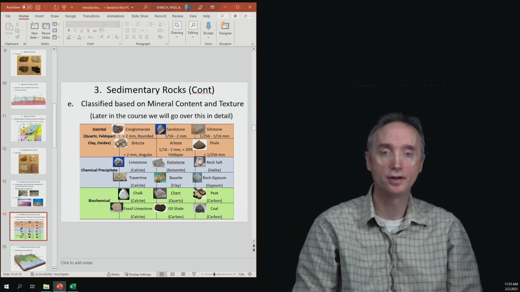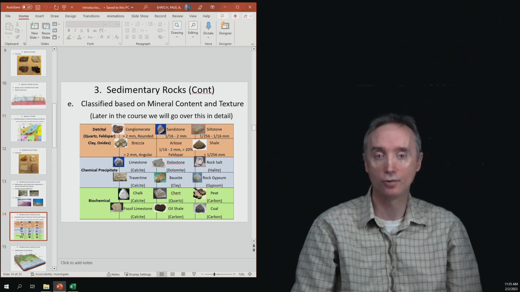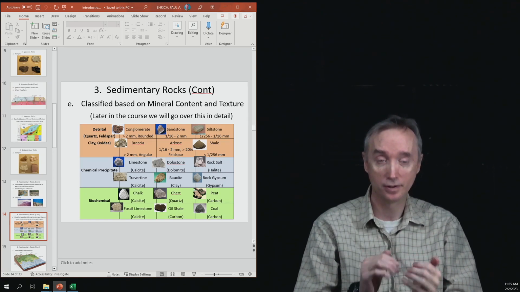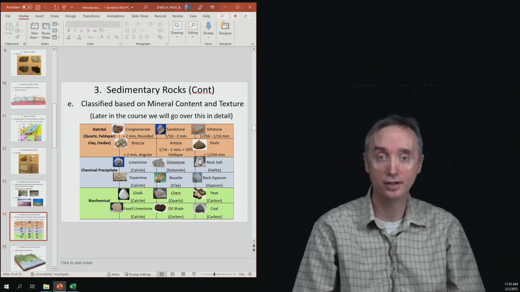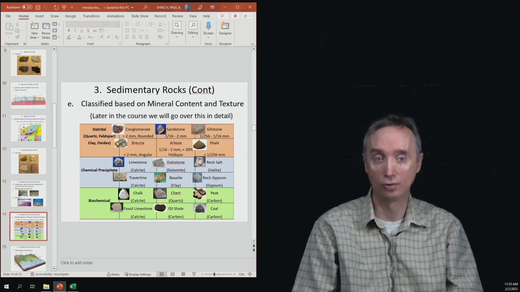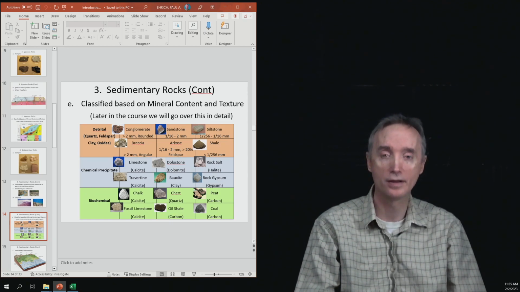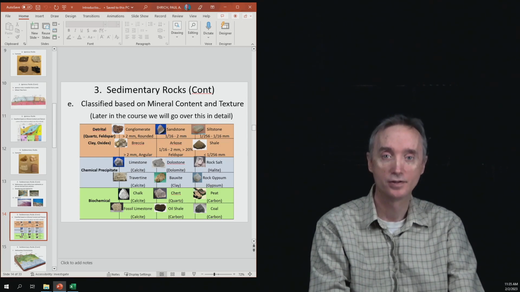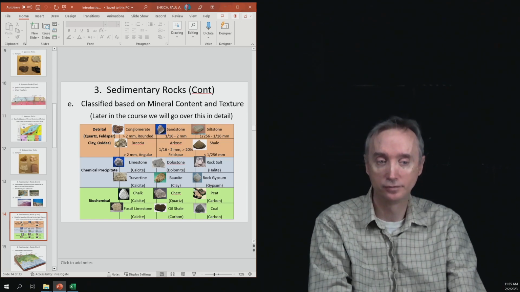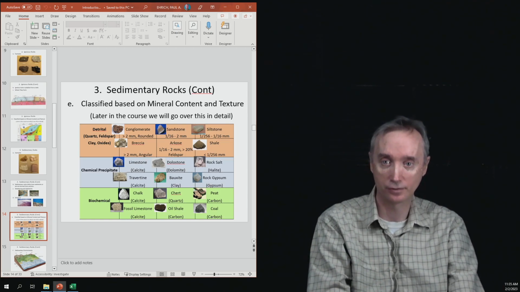And so what you end up with is buried organic materials that can be squeezed together, and it can be turned into peat, which eventually can be turned into coal. So we'll learn all about this later. So that's what we mean about what is it composed of, and then also what is the texture when it's glued together.